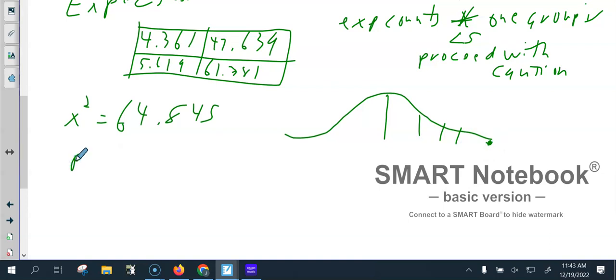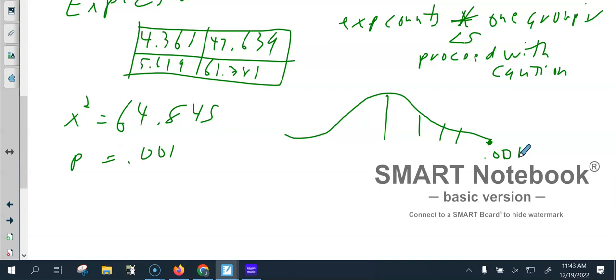And the p-value was teeny tiny. It was 0.001. That's the area under the curve right here. So like a tenth of a percent if we move the decimal over. So that's teeny tiny. All right. Think about a penny from a dollar is 0.01. So this is tiny, tiny, almost nothing.